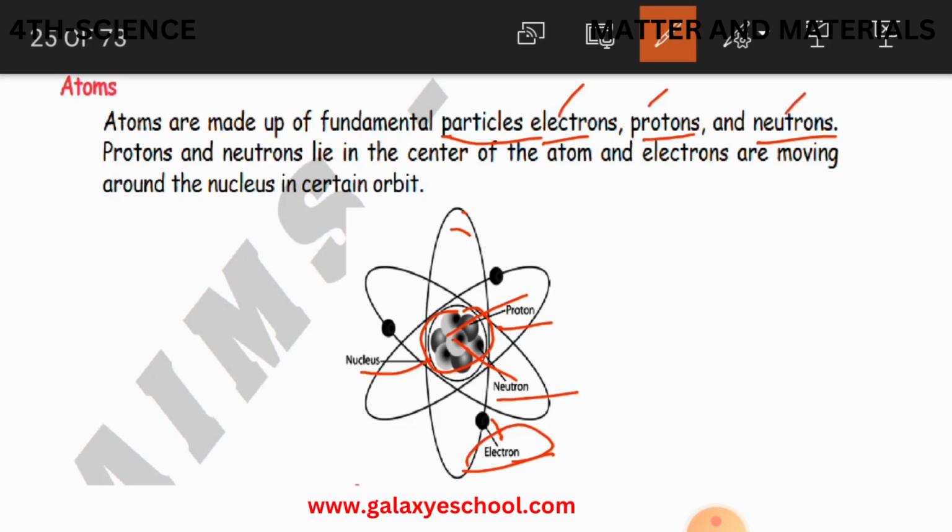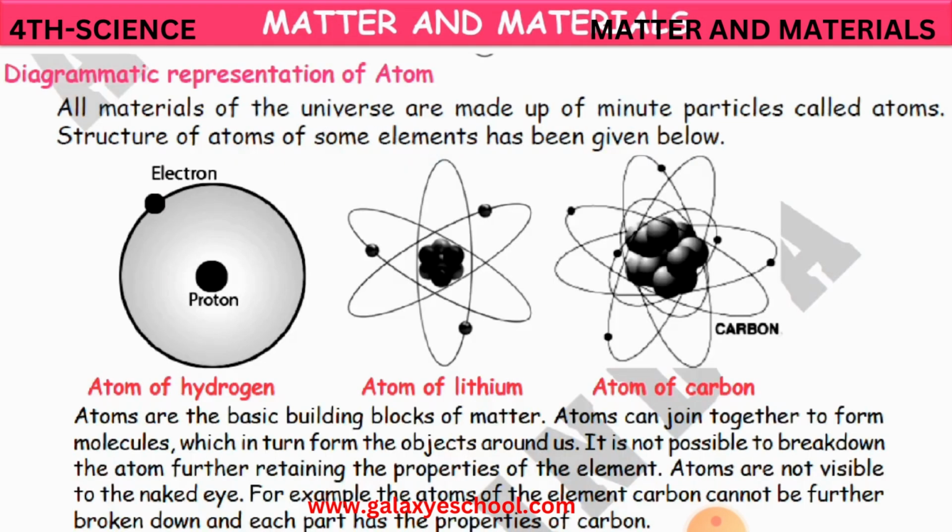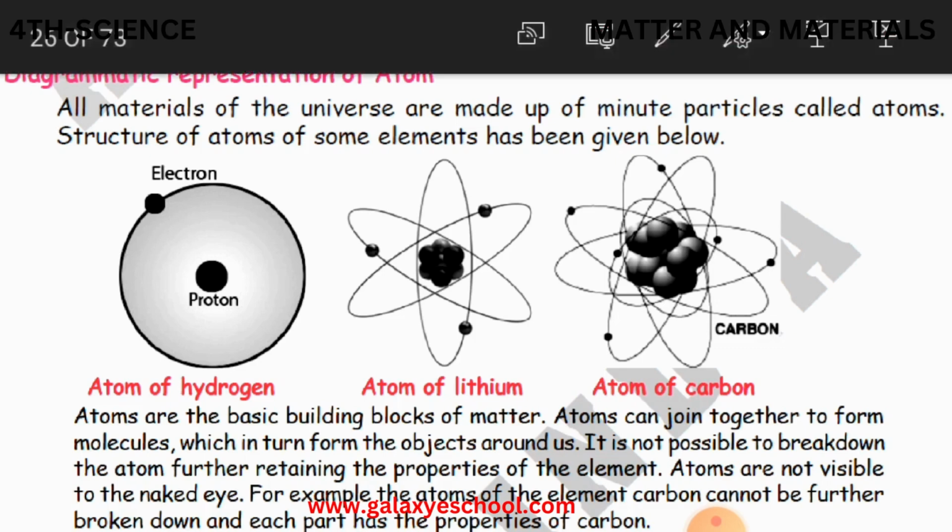Clear? Now, this is the diagrammatic representation of an atom. Like in the before slide, we have seen a picture and learnt that we have electrons, protons, neutrons. All materials of the universe are made up of minute particles called atoms, and the structure of atoms of some elements has been given below.